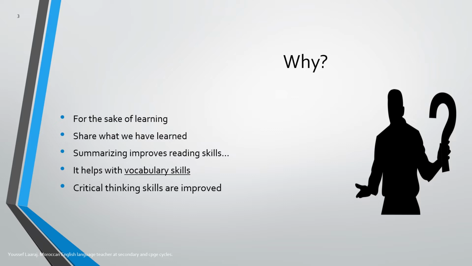So distinguishing between main and unnecessary information is a way of developing our critical thinking. And critical thinking is a key concept and requirement or skill that students at the secondary phase, preparatory phase and university should develop.